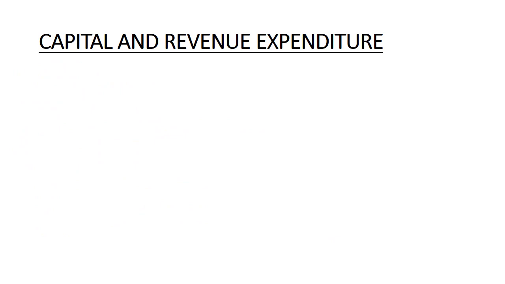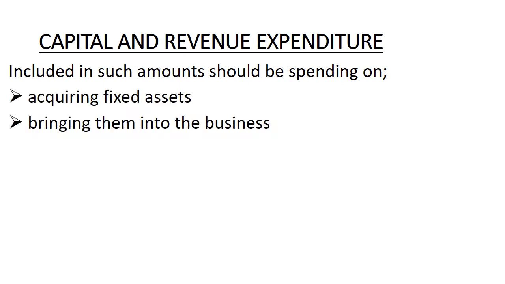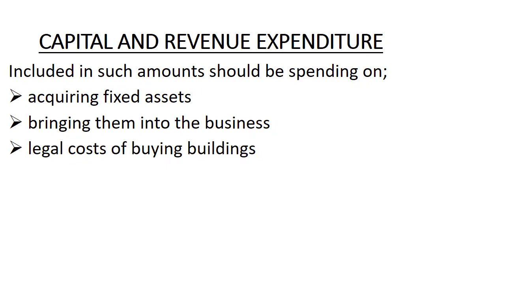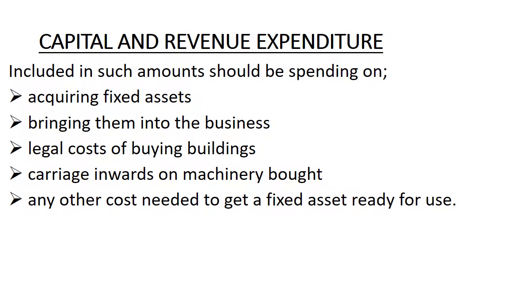In other words, we can say capital expenditure includes all the spending that is involved in acquiring fixed assets, bringing them into the business, legal cost of buying such fixed assets, carriage inwards on fixed assets that need to be brought into the premises or moved, and any other cost that is needed to get a fixed asset ready for use.